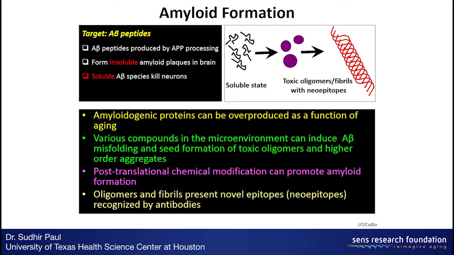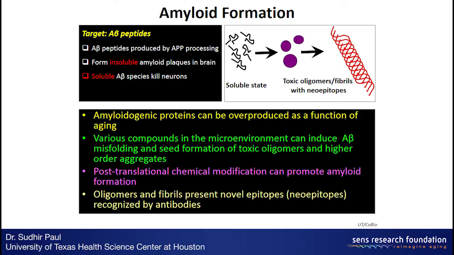Now, the misfolding is a function of other compounds in the diluent, in the microenvironment in the brain and also in the test tube. Various compounds like metals can bind the amyloid beta peptide and induce aggregation. Similarly, chemical modification of the amyloid beta peptide with certain oxidation reactions that occur post-translationally can induce amyloid formation.